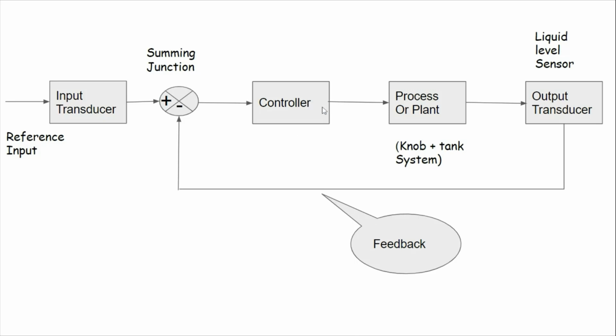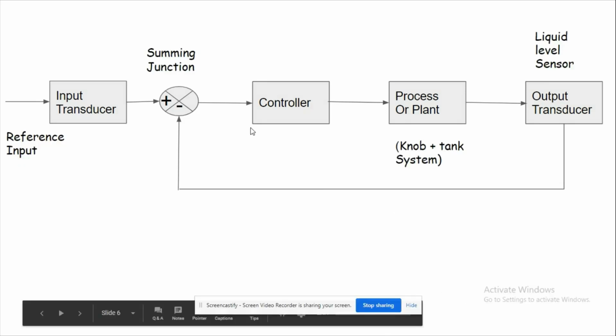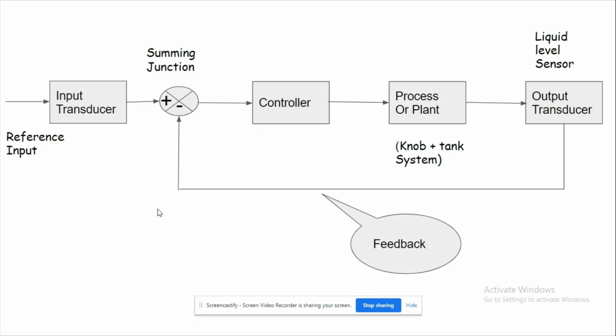So according to that, he adjusts the knob so that the desired level is achieved at this point. This is an example of closed loop control system or a feedback control system.